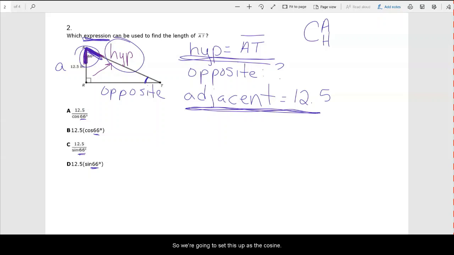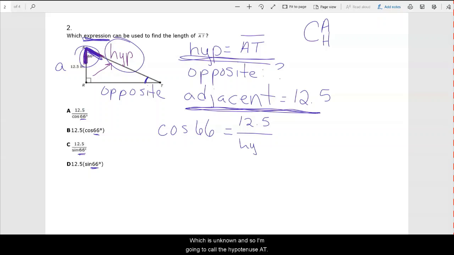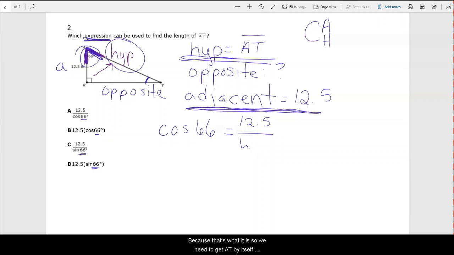So we're going to set this up as the cosine of a 66-degree angle is equal to the adjacent, which is 12.5, over the hypotenuse, which is unknown. And so I'm going to call the hypotenuse just AT because that's what it is.